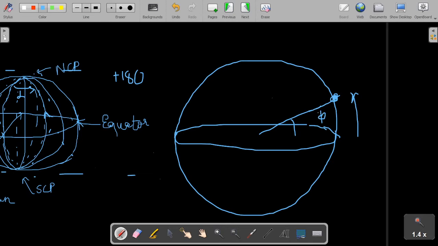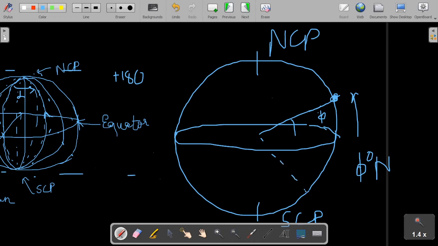So suppose it makes an angle of phi and the observer is standing in the northern hemisphere. This is the north, south celestial one. So the coordinate of the observer would be phi degrees north. That's it. Simple as that.